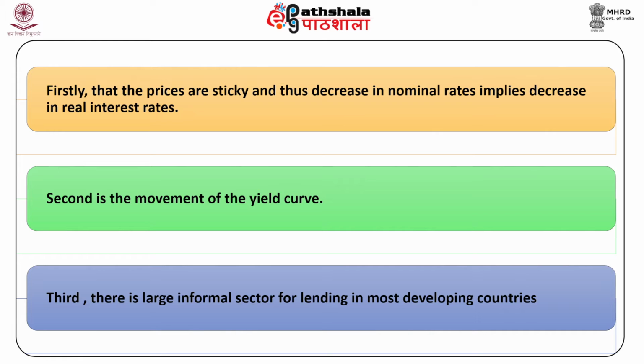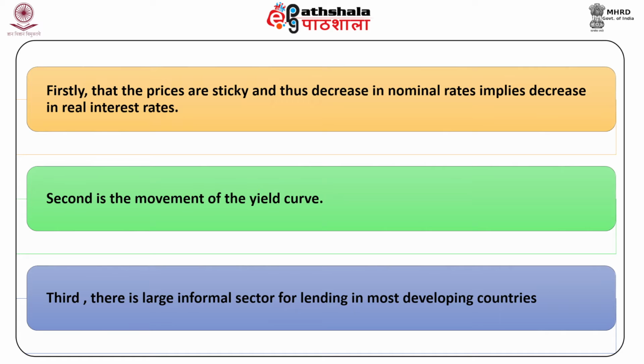Further, high cost of information processing, evaluating projects, and monitoring borrowers induce banks to maintain persistently high levels of bank reserves. Third, there is a large informal sector for lending in most developing countries.